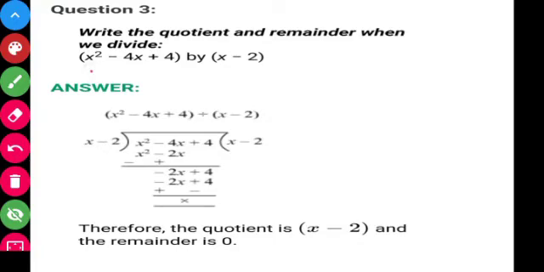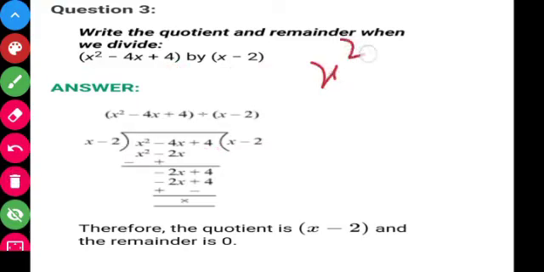So this is the dividend, and this is the divisor. So write the dividend: x square minus 4x plus 4, divided by x minus 2. Try to understand.